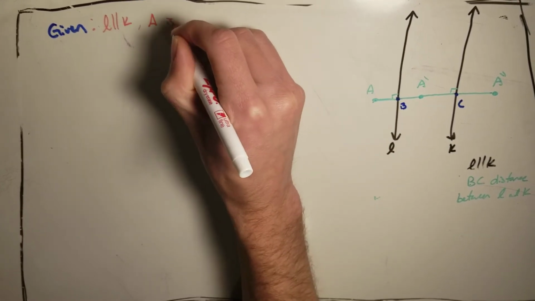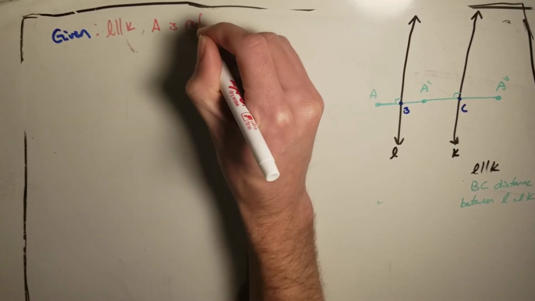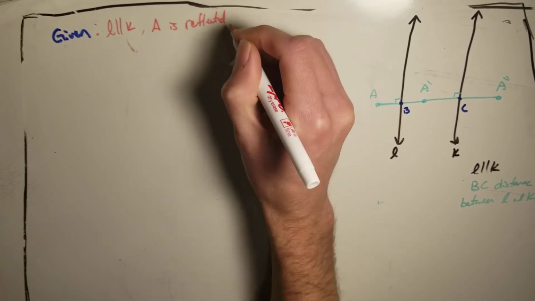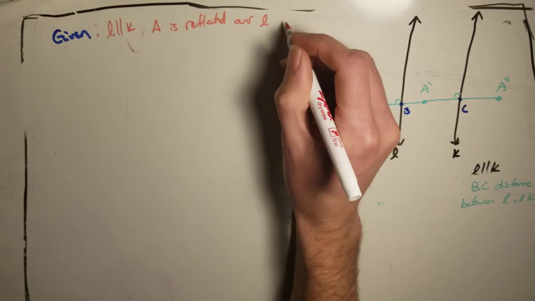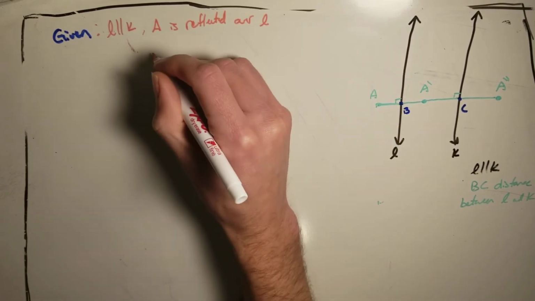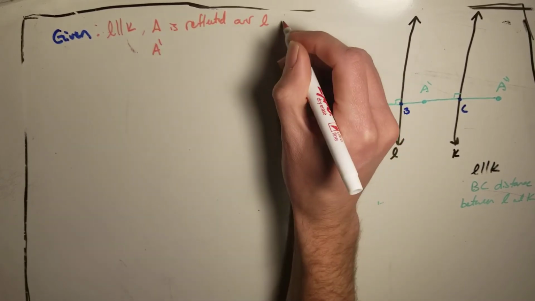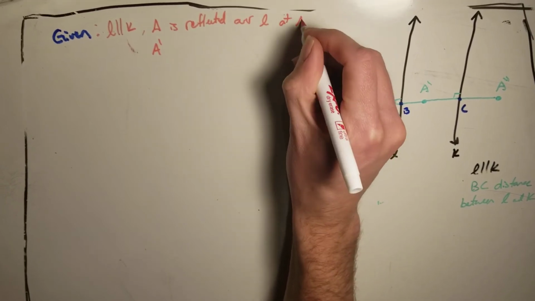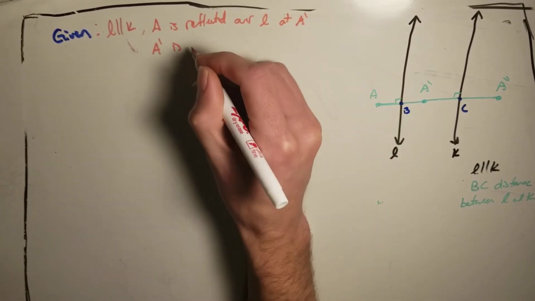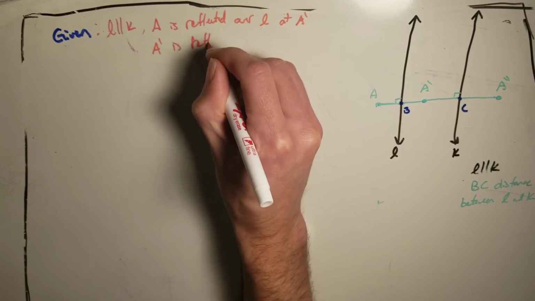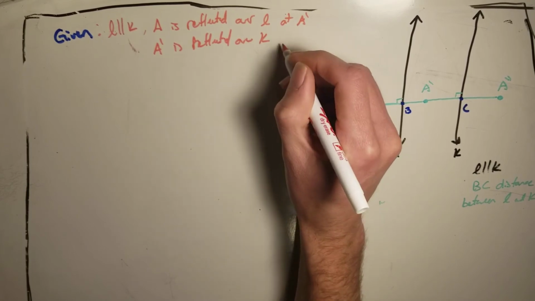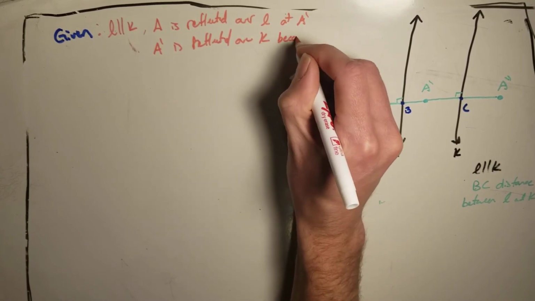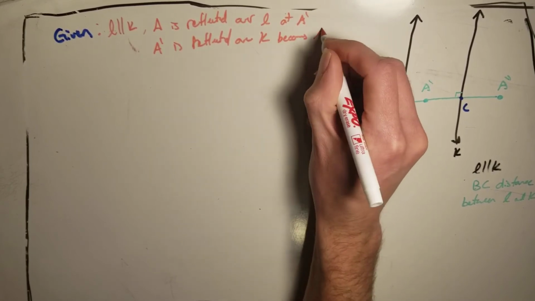We're going to be given that point A is reflected over L, and then A prime, and we'll say this gets us A prime, then A prime is reflected over K, and that becomes A double prime.